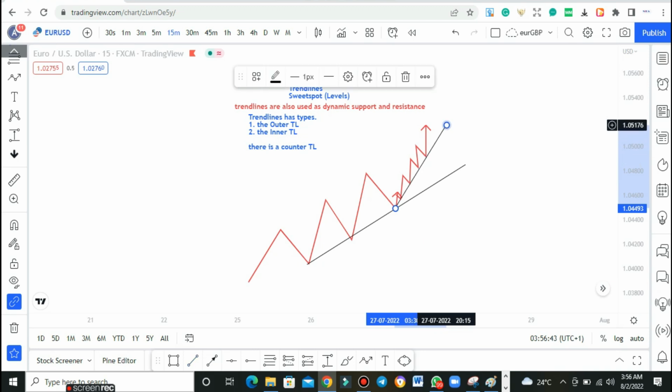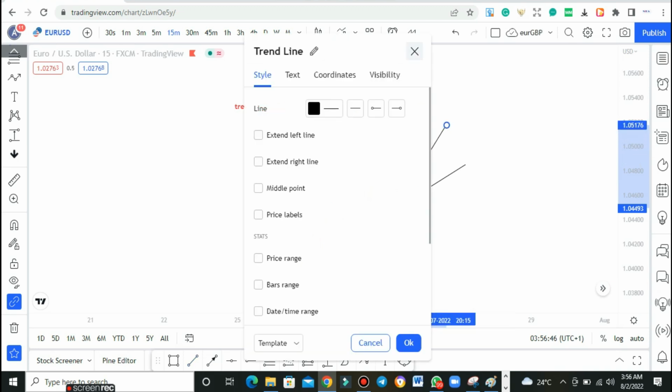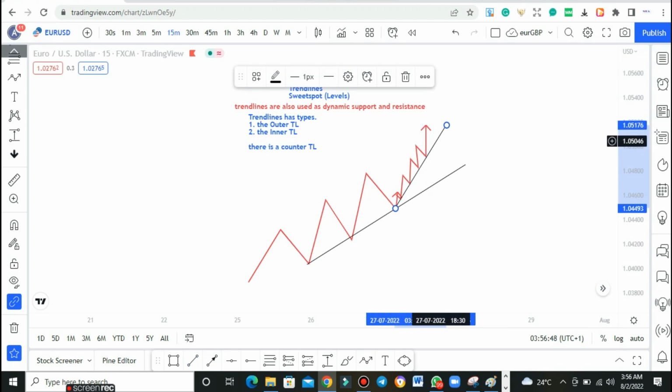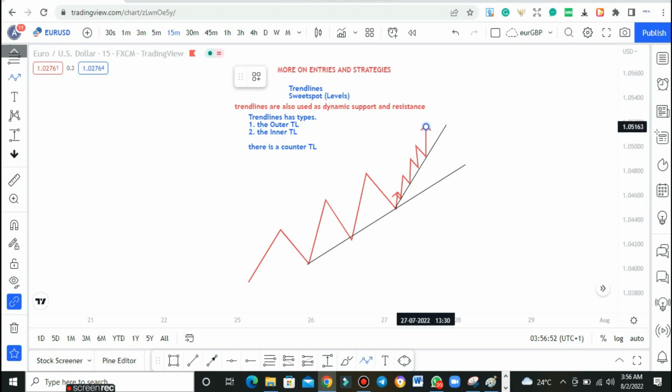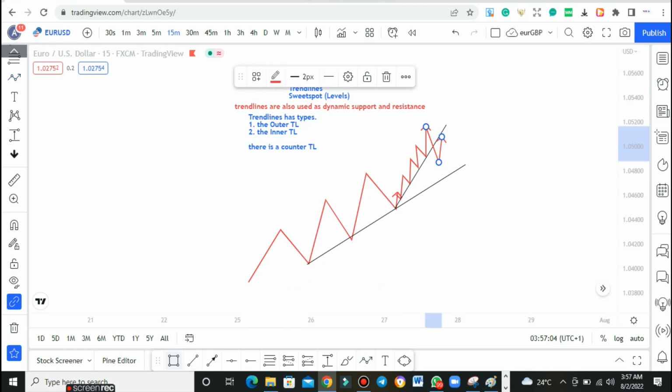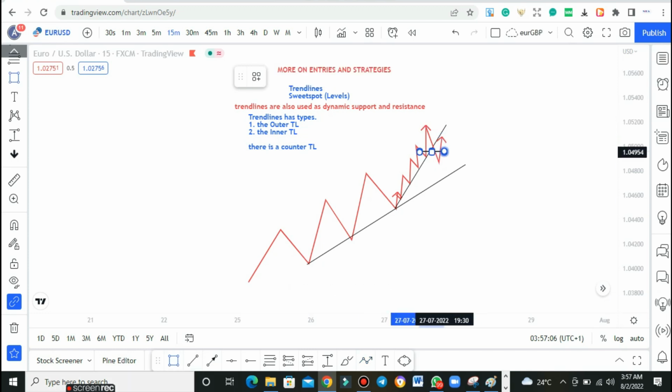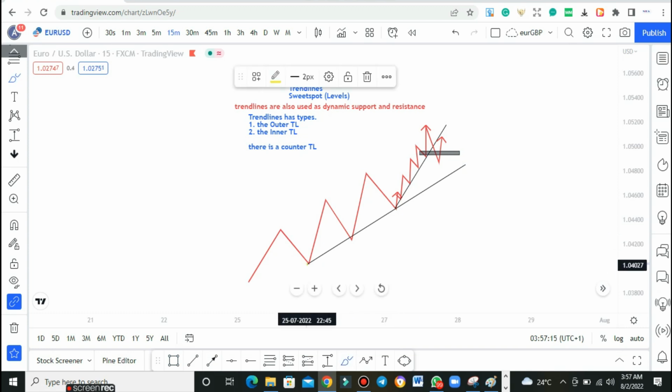Are you seeing this? So the validity is that price needs to come here, not here. This is just an inner trend line. Because this inner trend line broke, it does not mean we are changing trend. No, the outer trend line is still holding price because price is maintaining structure.